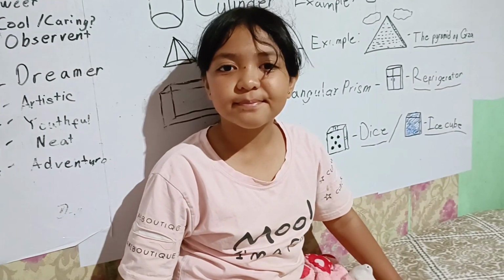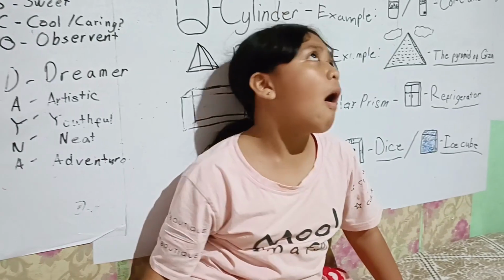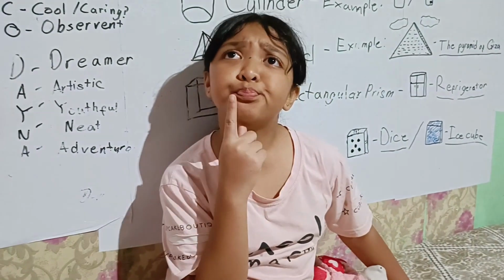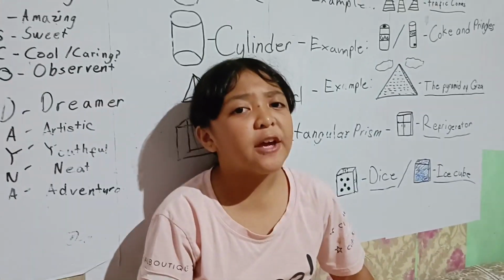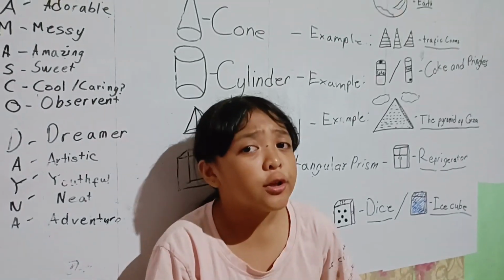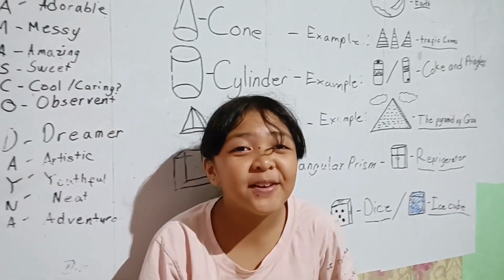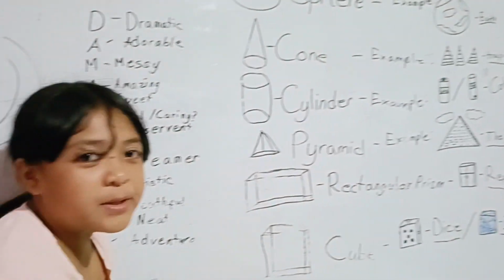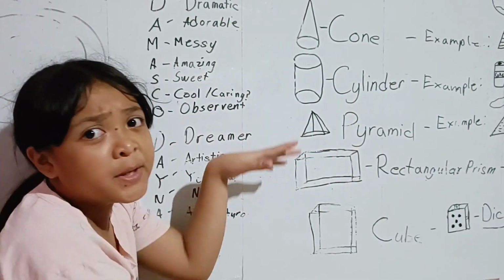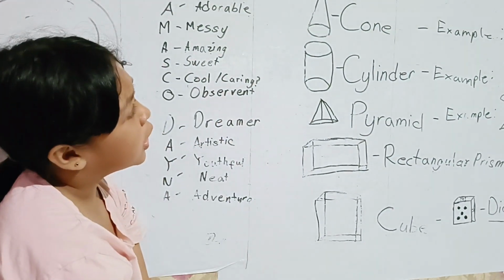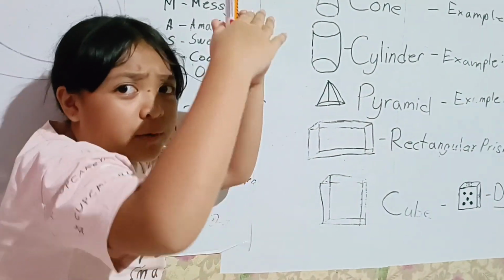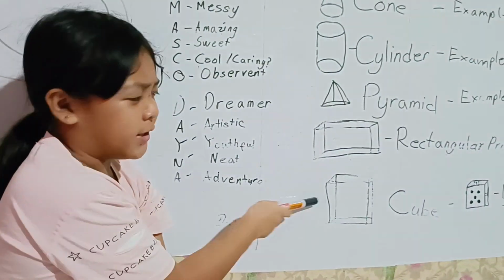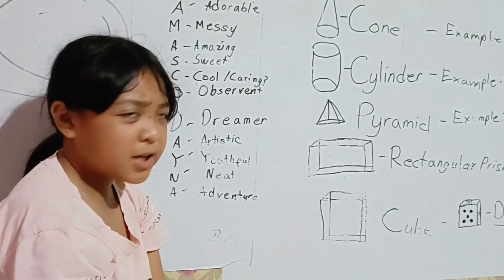What do you think is the importance of studying this kind of solid figures? Well, if you want to be an engineer, all these solid figures have to be used. Like this can be used as the pillars of your house, or this can be used as your roof, or even this can be used as the base of your house.